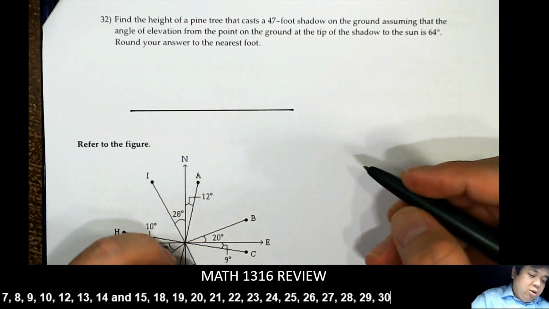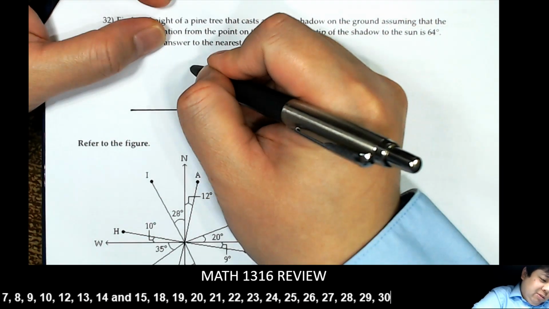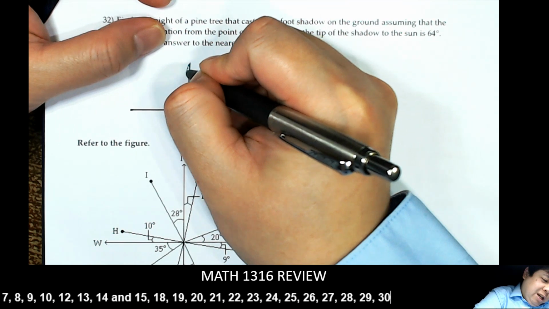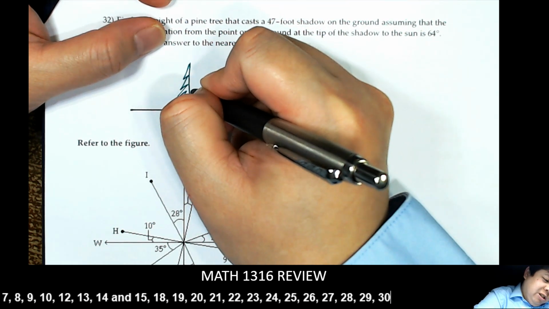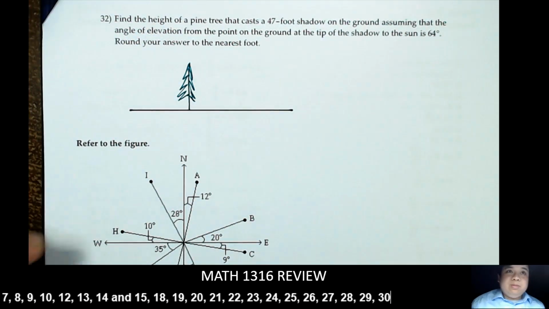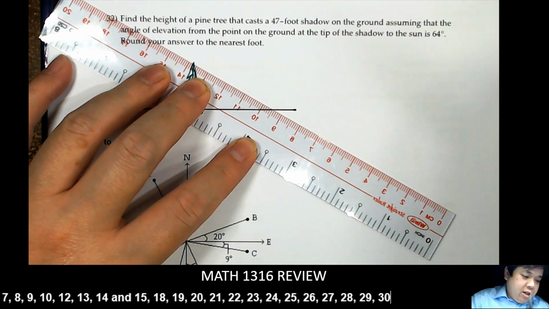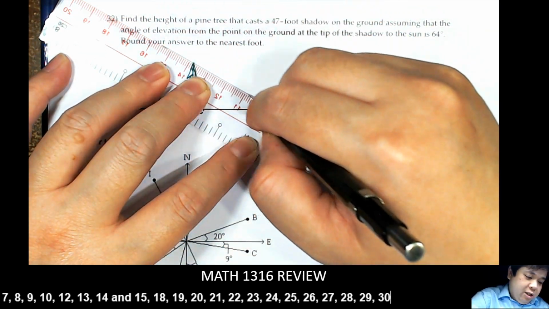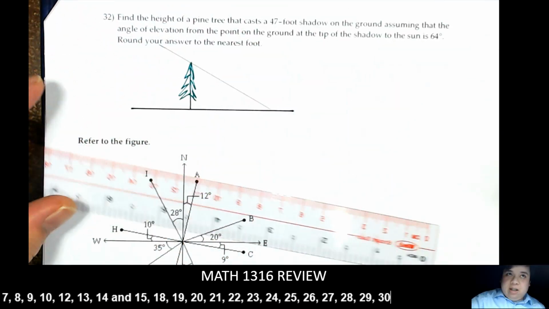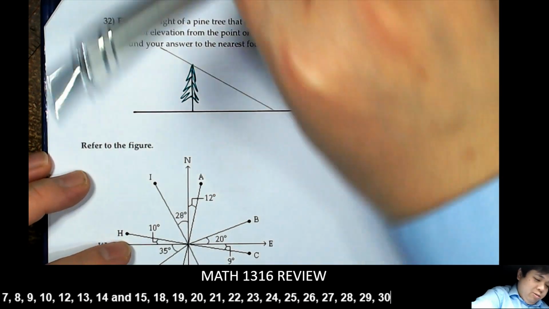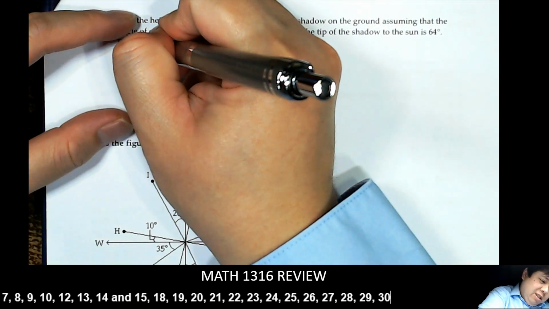And then the pine tree. Let's say it's a pine tree, so that it will cast a shadow. So let's say go like this. The sun is way up there. So here's the sun.